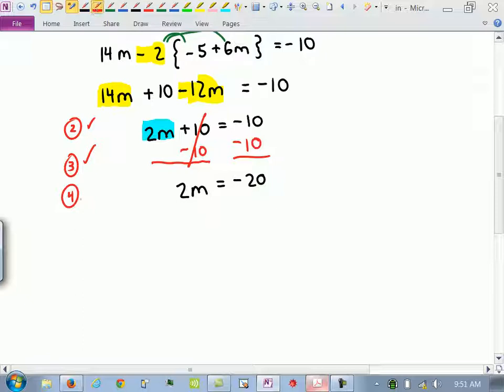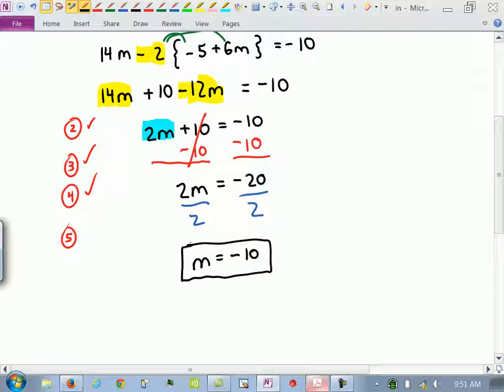All right, last step, step 5, is to get the m with basically a 1 in front of it. So what can I do to get rid of that 2? Divide by 2. So I divide by 2 here, divide by 2 here, and that gives me my final result. M is equal to -10, because negative divided by positive is negative. We're done. Yes?